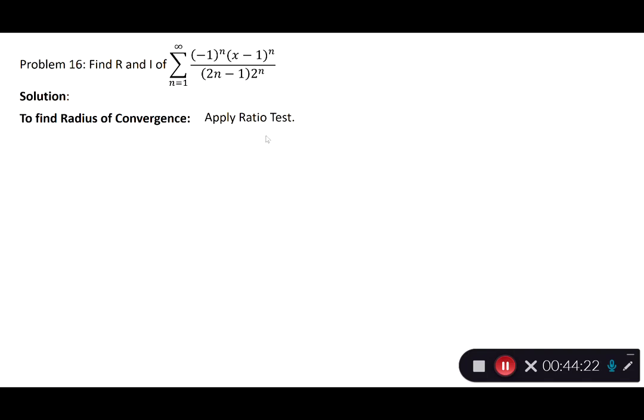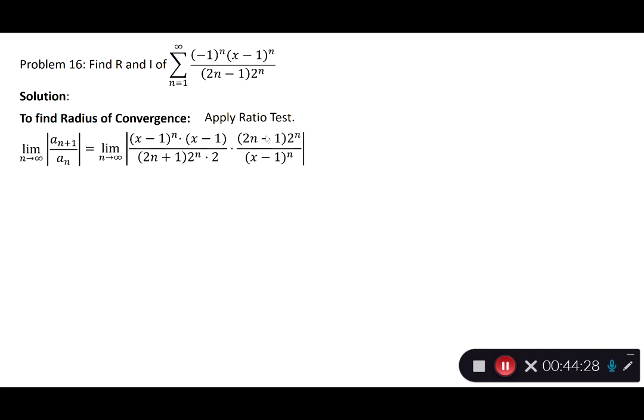And we'll apply ratio test. So limit of this thing, and I can ignore negative 1 to the n because we are taking absolute value, right? Okay, x minus 1 to the n plus 1 becomes x minus 1 to the n times x minus 1.